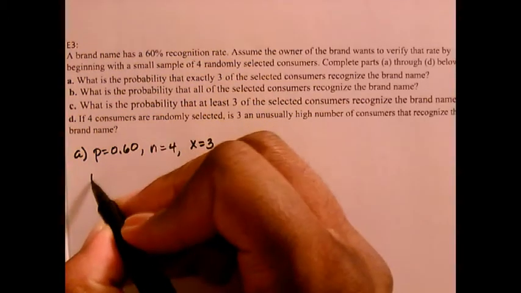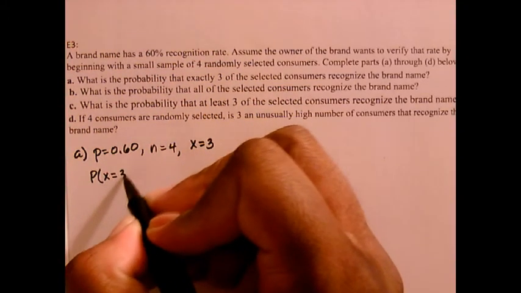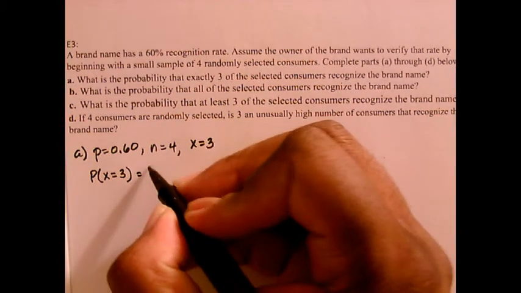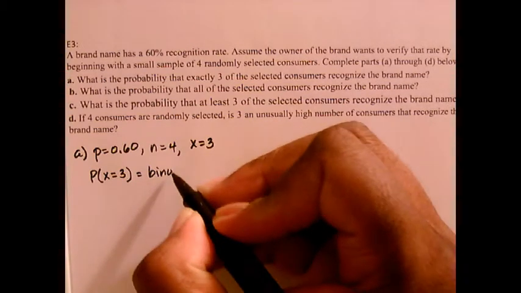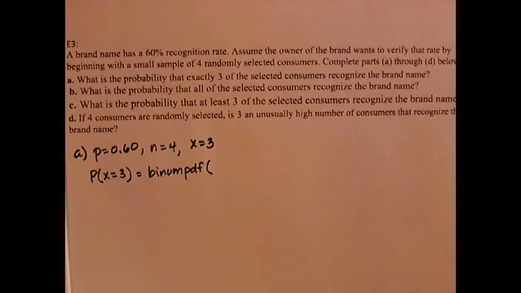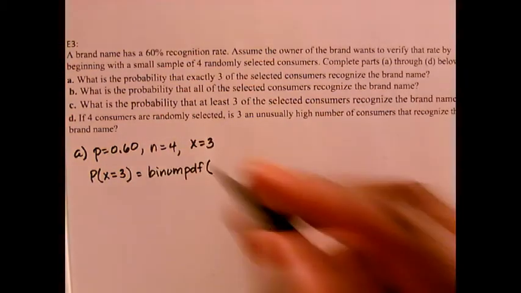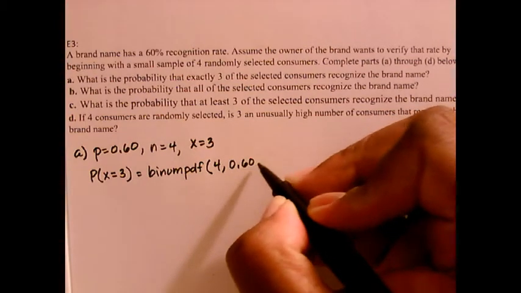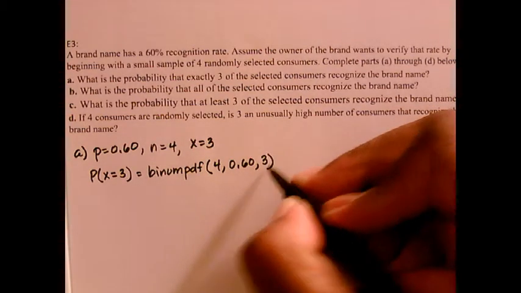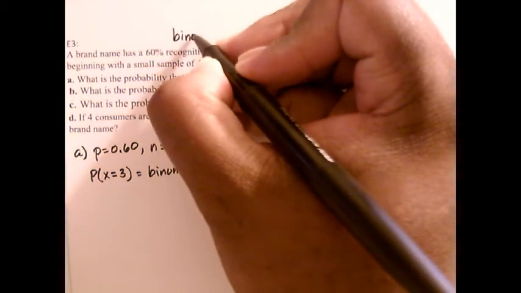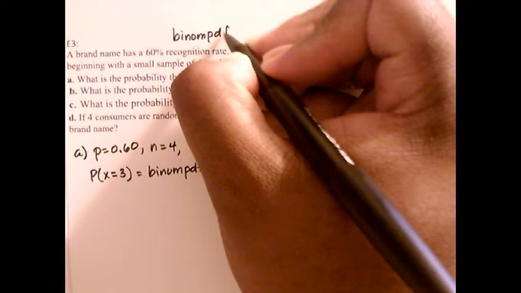So here we want to find the probability of exactly 3 of the selected consumers recognizing the brand name. Here we use the binomial PDF function. So n is 4, p is 0.60, and x is 3.